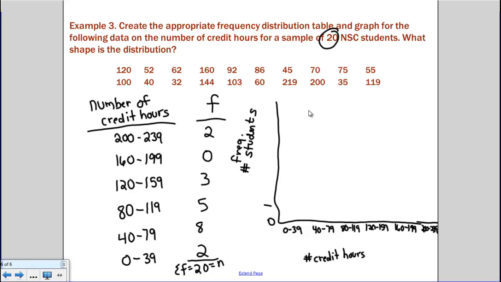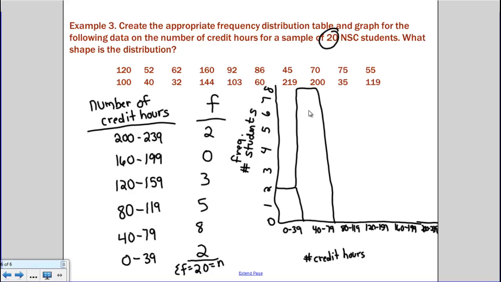So 1, 2, 3, 4, 5, 6, 7, 8. Between 0 and 39, there was 2. Remember, we want our bars to be halfway above and halfway below each value and to touch, because this is a histogram for ratio data. Between 40 and 79, we had 8. So all the way up.